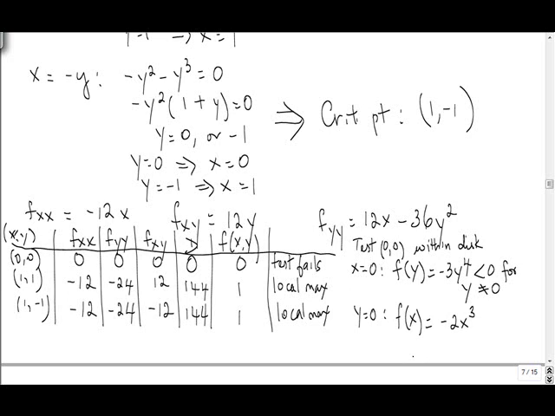For x not equal to 0, that can be either positive or negative. So therefore, what does that tell you about the type of point?